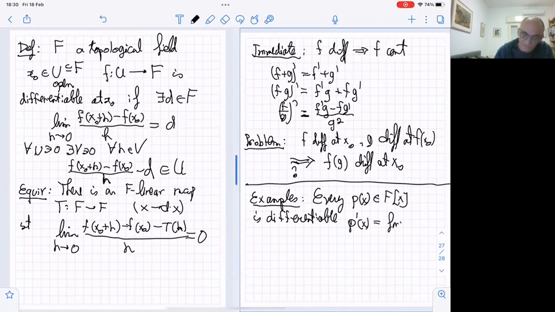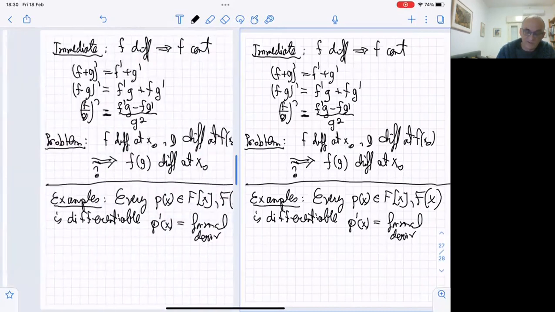And the same for rational functions, of course, but they will be differentiable only away from the places where the denominator is zero, away from the zeros of the denominator.